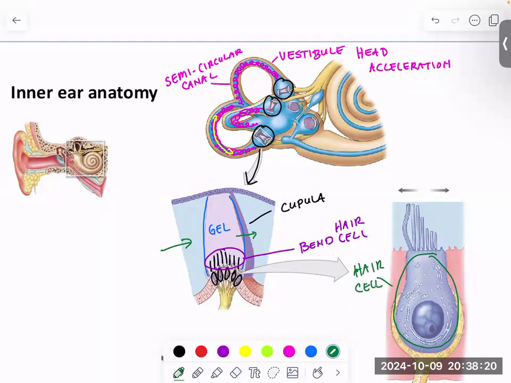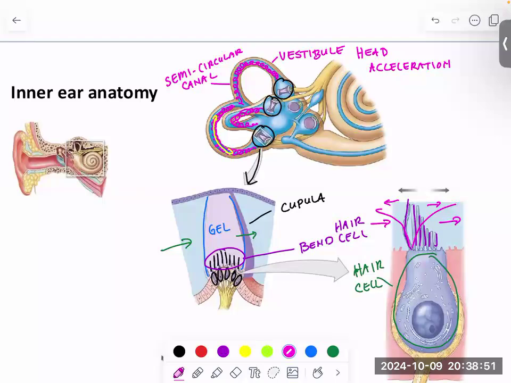And they have special cilia that want to stand up straight. And when the fluid moves, it's going to bend the hair cells in one direction, or the other direction. Your hairs will detect how much bending there is when you move your head around in the semicircular canals.